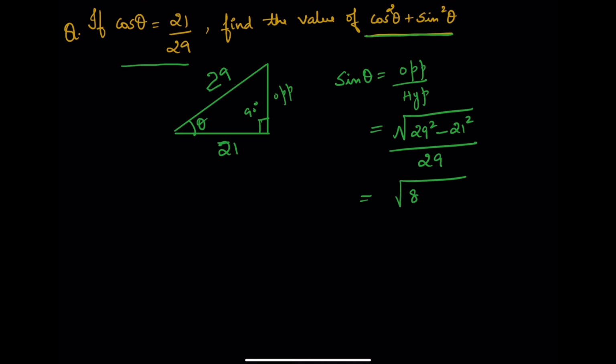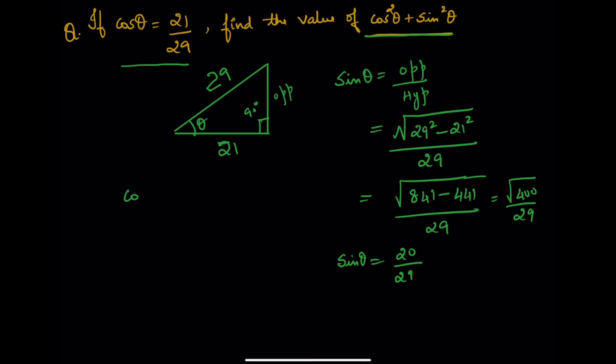Square root of 841 minus 21 square, which is 441, divided by 29. So this will be square root of 400 by 29. So sin theta is 20 by 29.